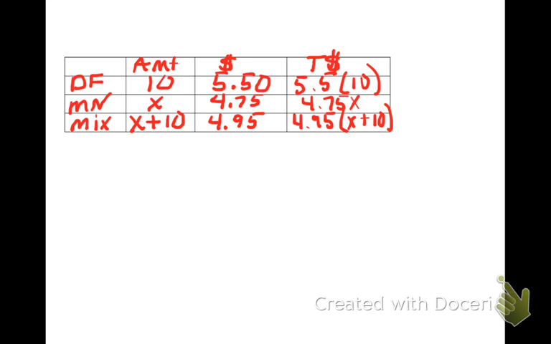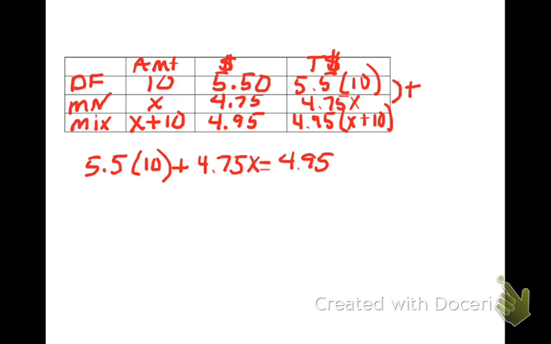So please take the time to set up your chart, because that's going to help us do our equation, because the two things that we're mixing together added should equal the mixture. So that's going to be our equation. 5.5 times 10 plus 4.75x equals 4.95 times the quantity x plus 10.